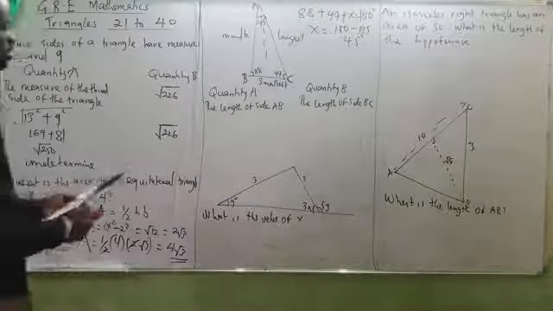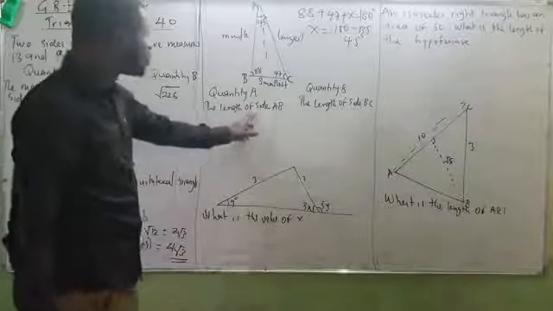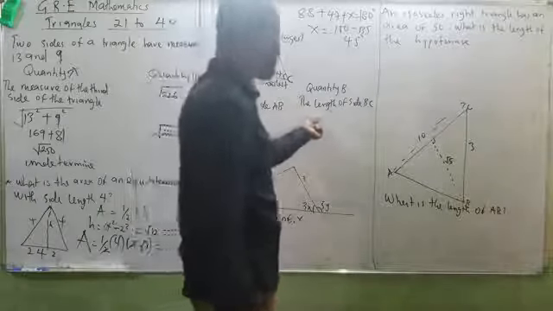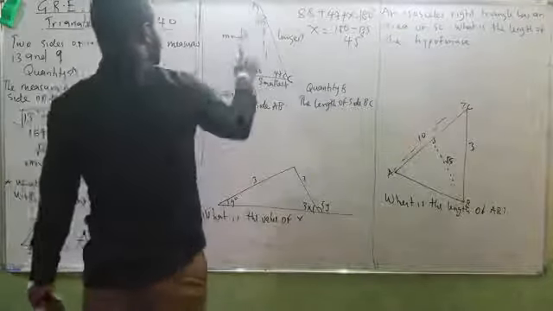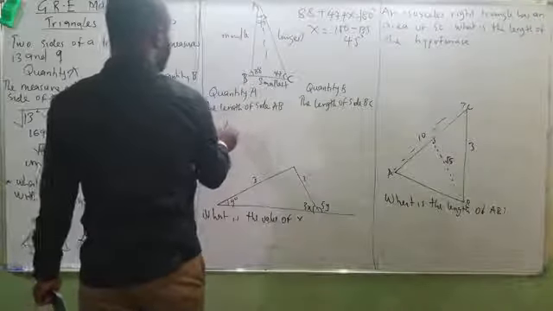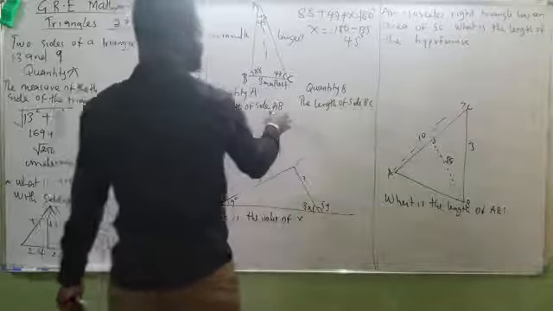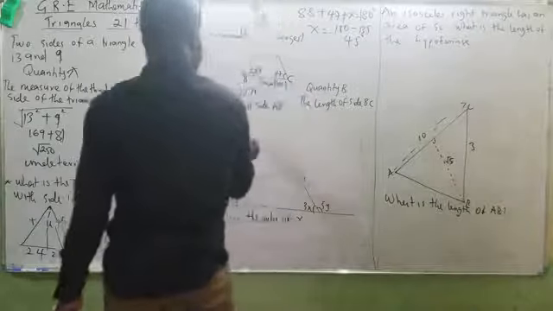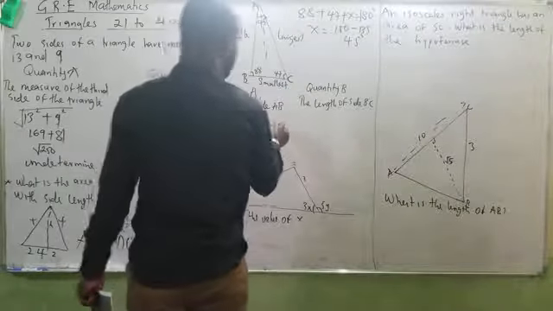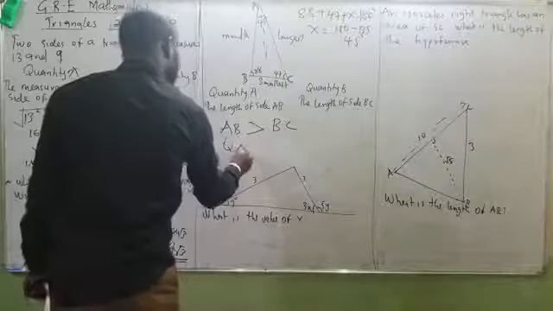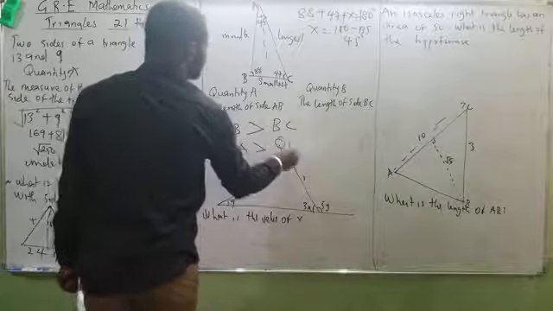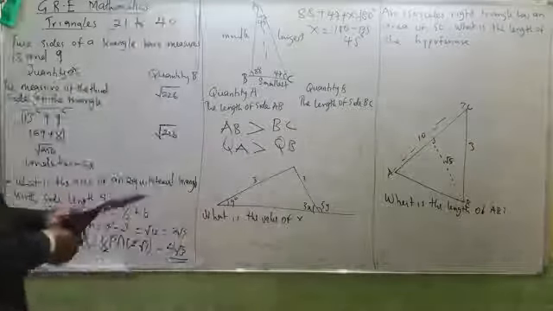Now, you are asked to compare the length of side AB and the length of BC. It means AB will be greater than BC, indirectly. It means quantity A is greater than quantity B.